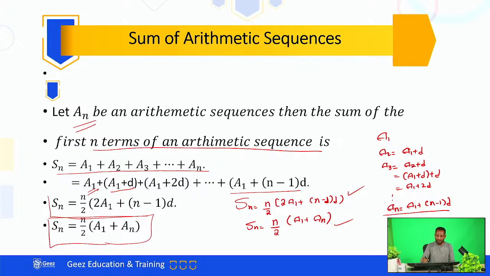Now look, if you are given the first term and the common difference, you use the first formula to find the sum of the first n terms of an arithmetic sequence.